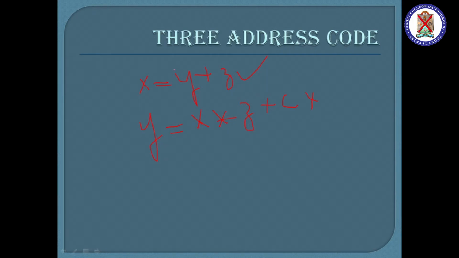In a 3 address code, there is only one operator in the RHS. Then it is called a 3 address code. Look, we are referring to only 3 addresses. But here we are referring to 1, 2, 3, 4 addresses. So this is not a 3 address code.